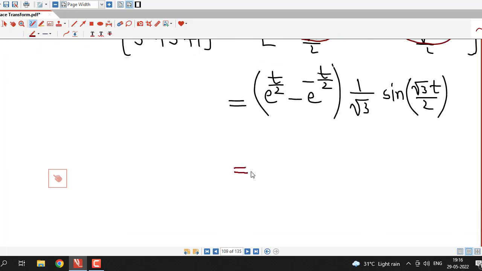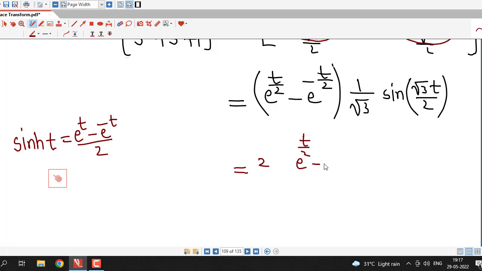Now this we can rewrite. If you observe, we can use the definition of the sine hyperbolic function. If we have sine hyperbolic t, we have e raised to t minus e raised to minus t divided by 2. Now instead of t, we have t by 2, and we don't have 2 here, so we can adjust here. We can multiply by 2 and divide by 2.